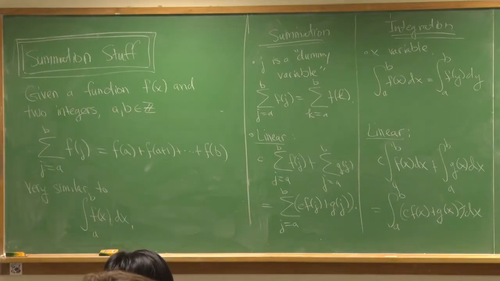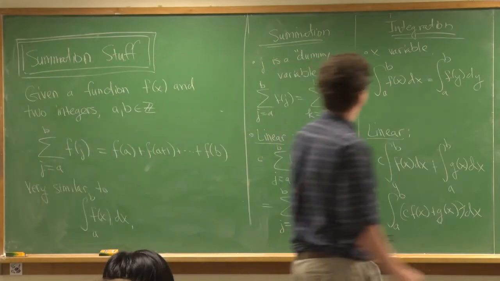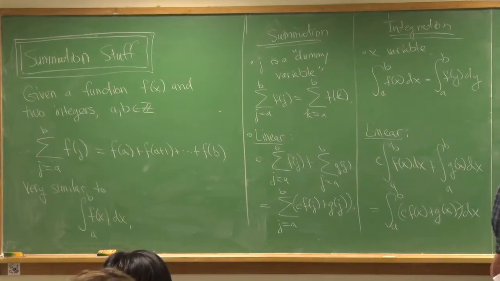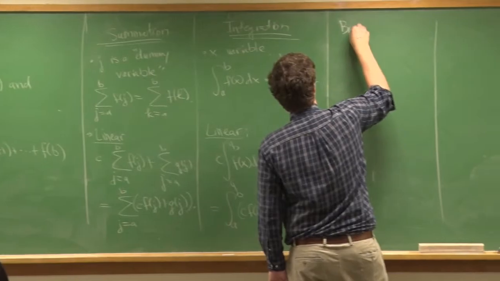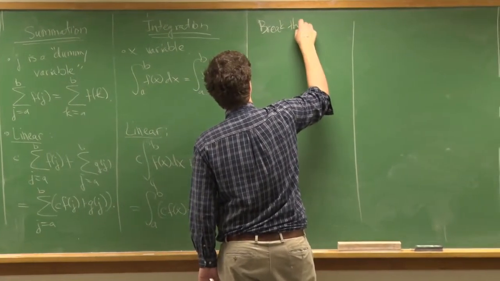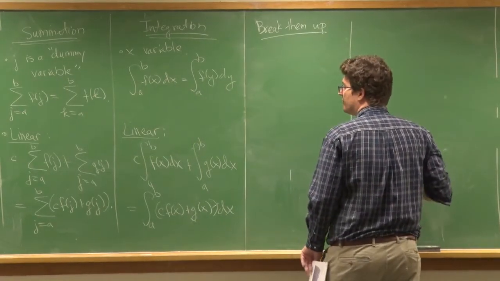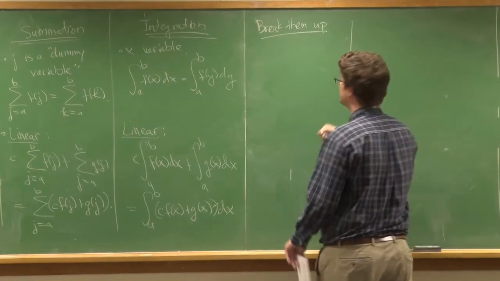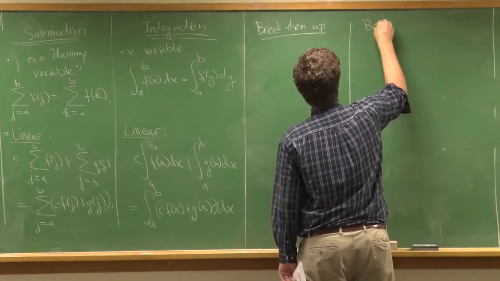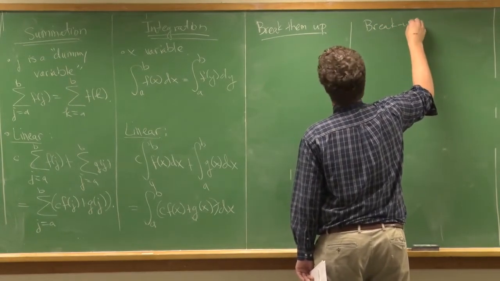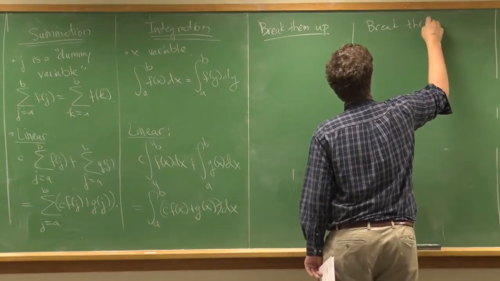You can also separate integrals. So I'll continue this thing. You can break them up. Okay, so I'm going to use c again, but this time it's not a constant. So you can also break up integrals.